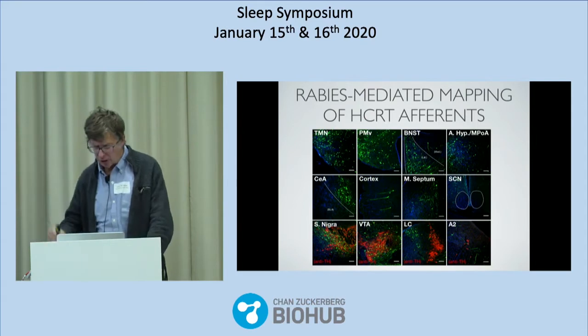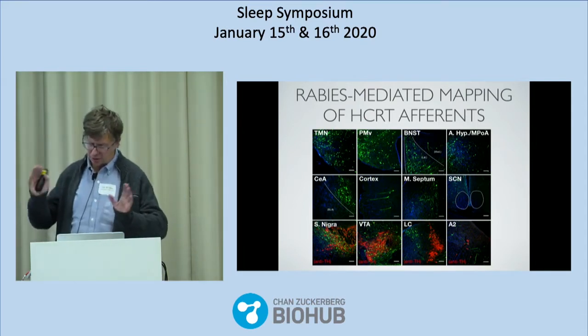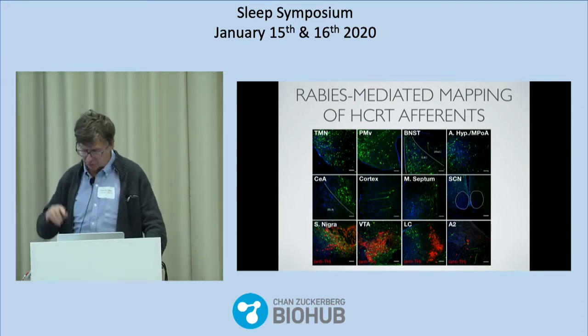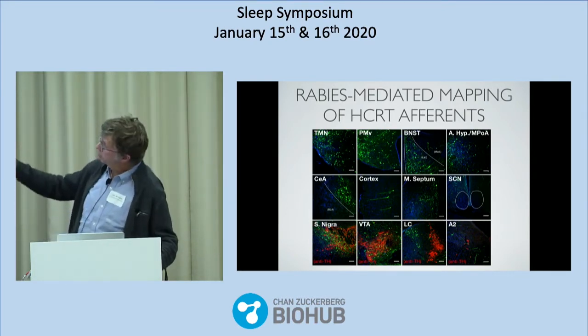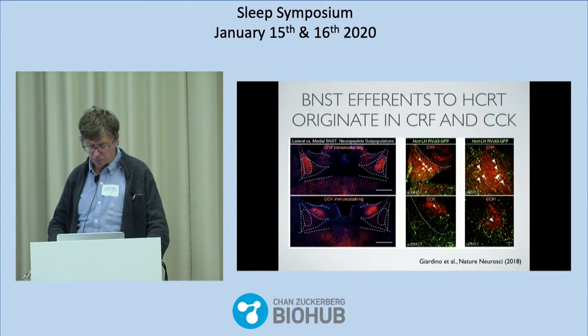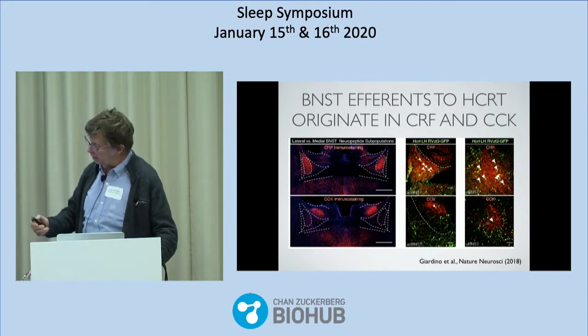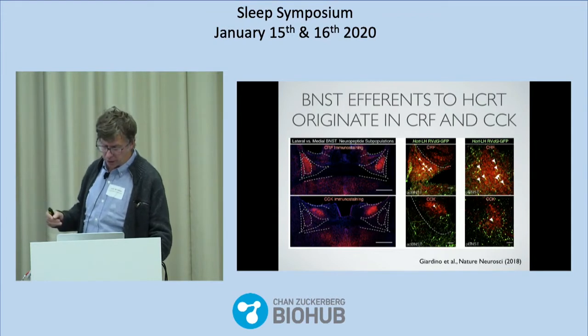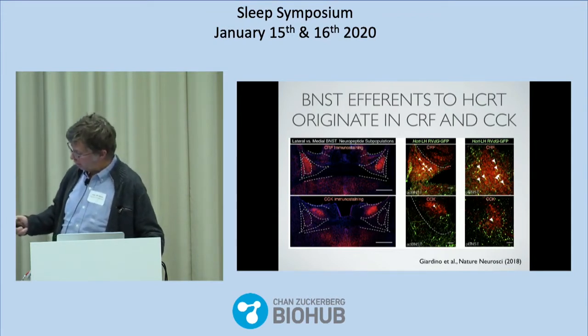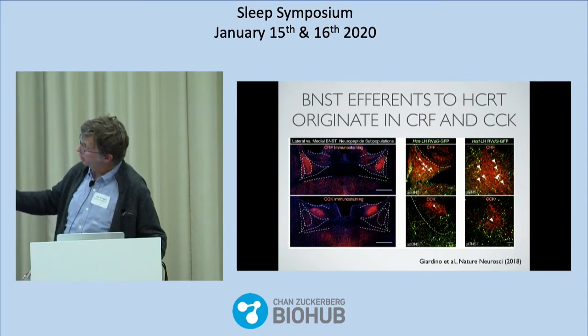I'm going to give you just examples, just snippets of information of how the bed nucleus of the stria terminalis projects to hypocretin cells. And actually, there are many types of BNST neurons that project to hypocretin. And Will Giardino in my lab identified 2 of them that can be labeled with 2 different markers, CRF and CCK.